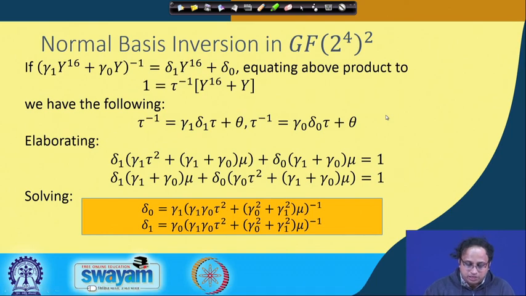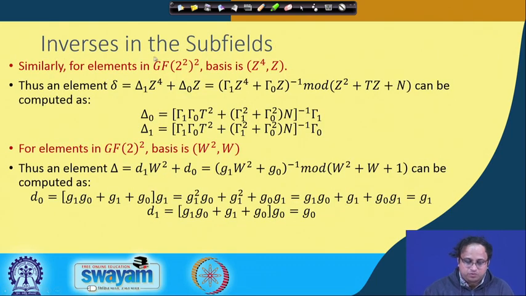So now we can do a similar thing for the GF2 power of 4 inverse also. The GF2 power of 4 inverse, we will now express as a GF2 power of 2 whole power of 2 element, but the normal basis now will be z power of 4 comma z. So I will take elements like gamma 1 z to the power of 4 plus gamma 0 z.